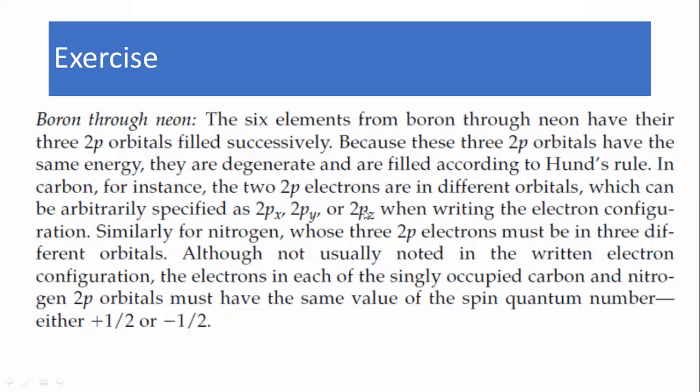Just remember, if you forget, there are three orientations according to the magnetic quantum number, because there are 0, plus 1, minus 1. So there are three magnetic quantum numbers for the p orbitals, and these are 2p, 2p, and 2p. We differentiate between each p by representing x, y, and z.